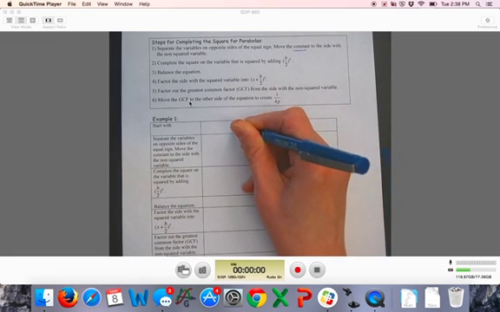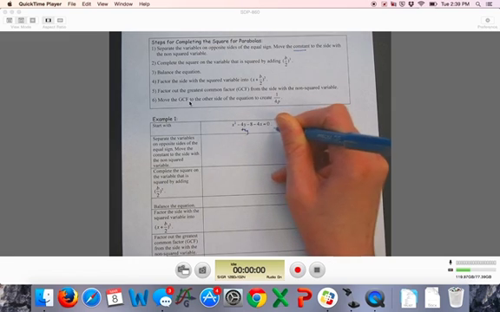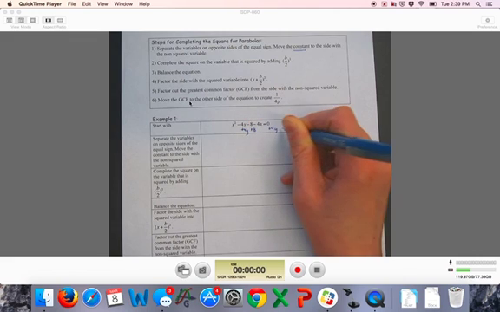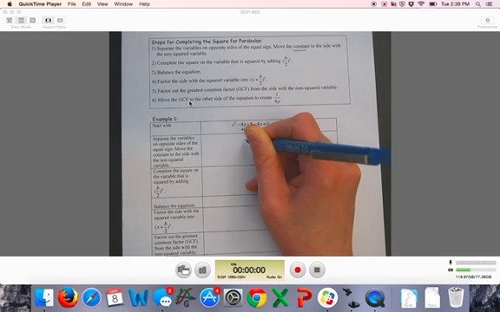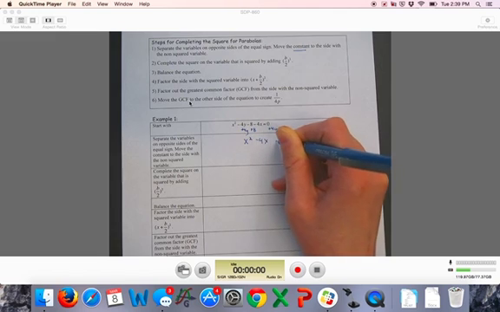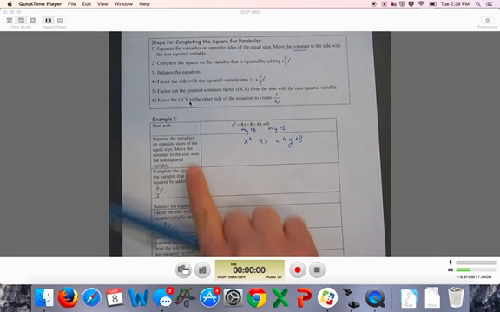So the x in this case is the one that's squared, so we are going to add 4y to both sides, and we're going to add 8 to both sides so that our variables are now separated. So when we simplify, we get x squared minus 4x equals 4y plus 8. Okay, so now we've done step 1.